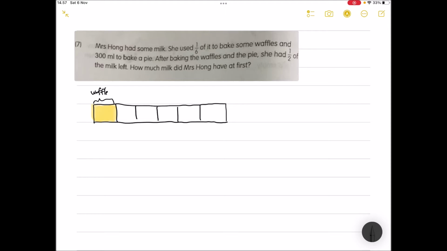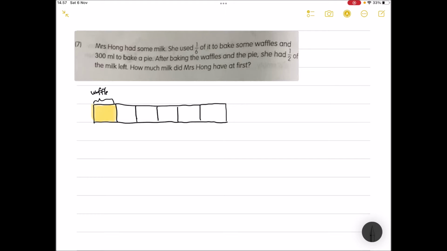She used 300 milliliters to bake a pie. But we do not know whether 300 milliliters is 1 unit, 2 units, 3 units, or maybe 1.5 units. We never know, right? So we put that on hold. Now, after baking the waffle and the pie, she had 1/2 of the milk left. So from all the milk here, I have 6 units.